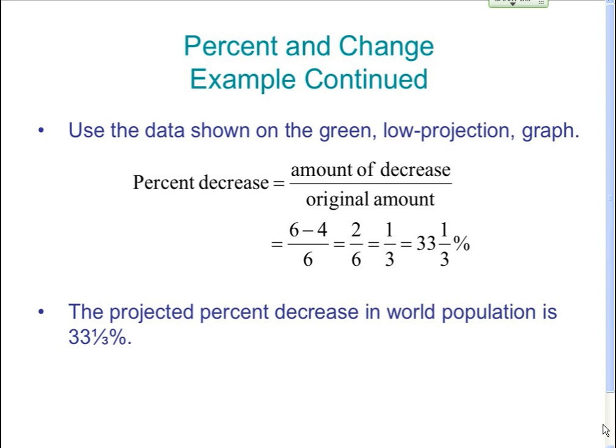So the low projection, a percent decrease, we would either write it as negative 33 1/3%, or we would write it as a percent decrease of 33 1/3%. So as long as you write the word decrease, you don't have to make it negative.